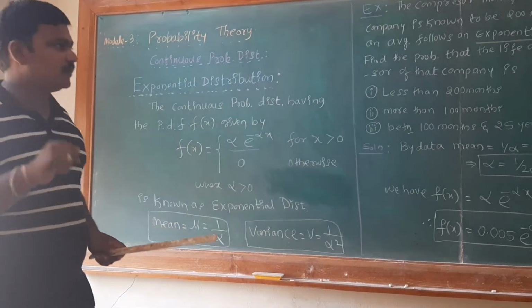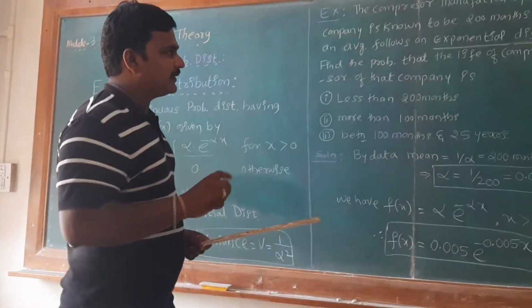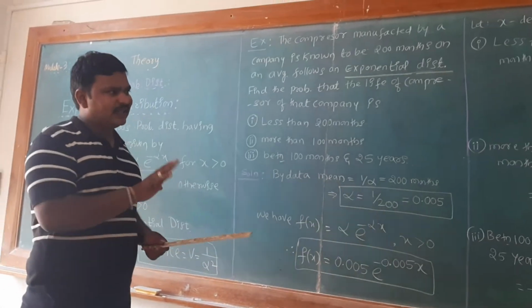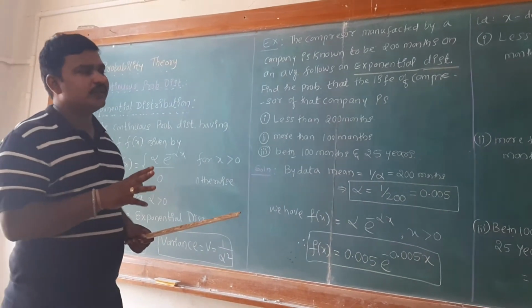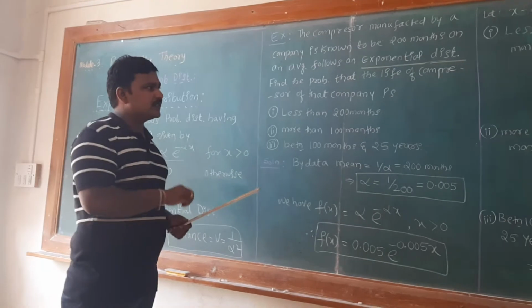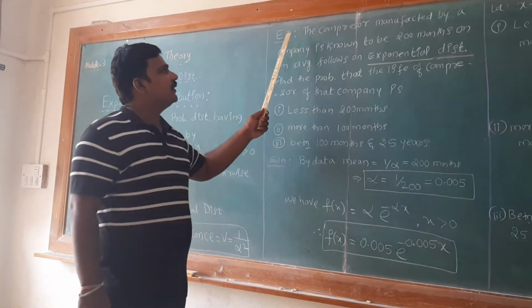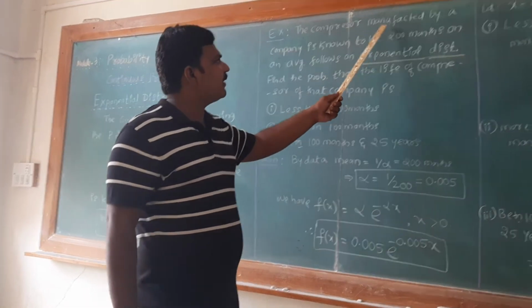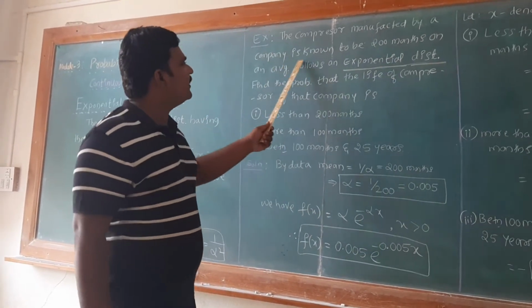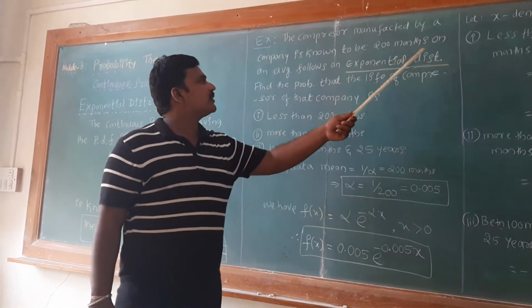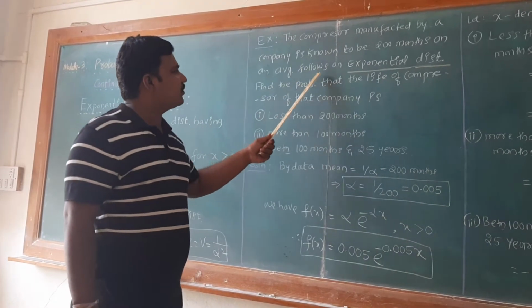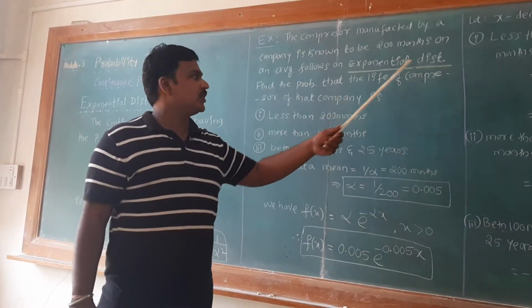Now let us consider one more example, of a different type. In the last video, 2, 3, 4 examples were over, so this is the fifth example. The compressor manufactured by a company is known to last 200 months on average and follows an exponential distribution.